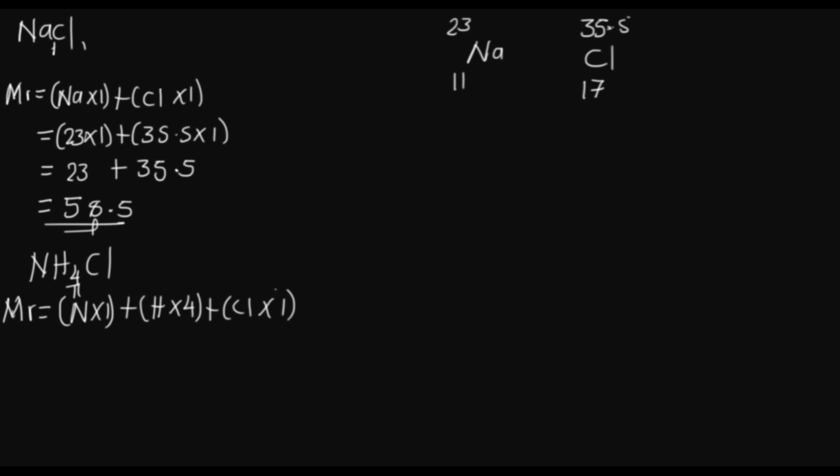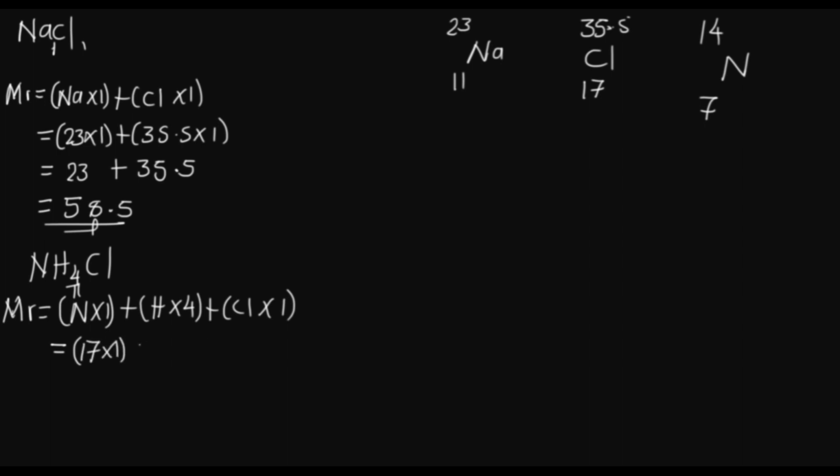From there we are going to replace with their mass number. So the mass number for nitrogen is 14, then 7 here.